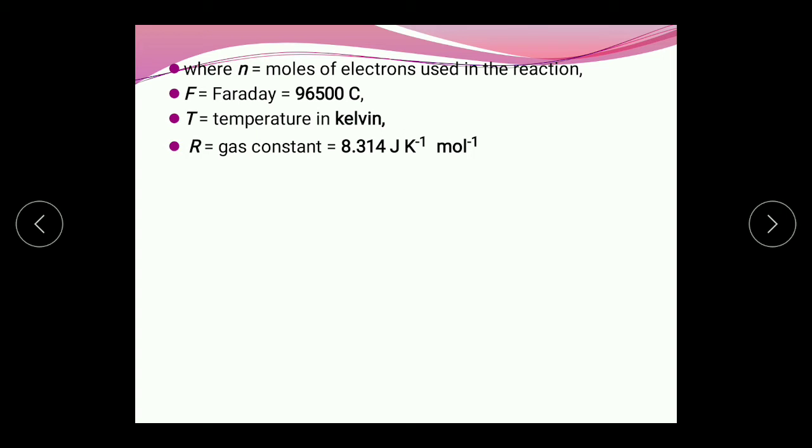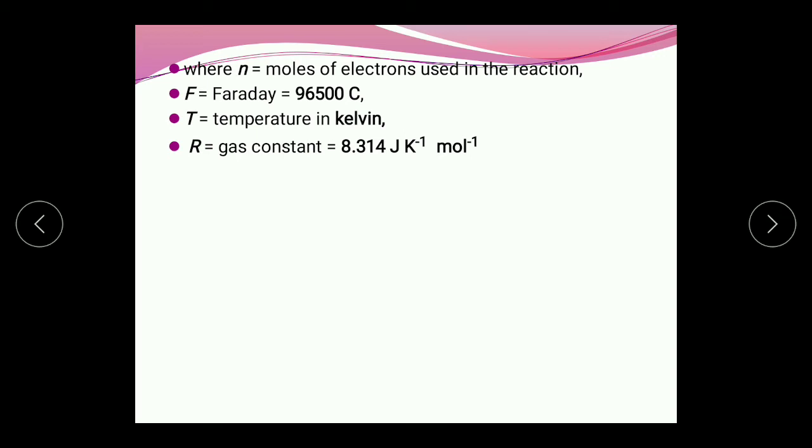And R is the gas constant. It is 8.314 joule per Kelvin per mole. So the values of some terms are there, some terms are not there. That means the value of n is not there. That will vary according to the reduction or oxidation reaction.